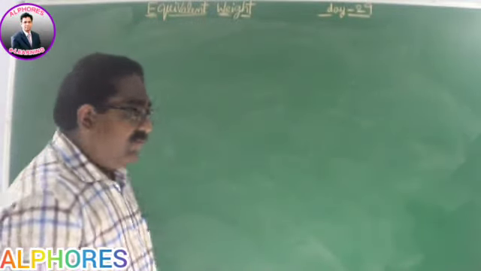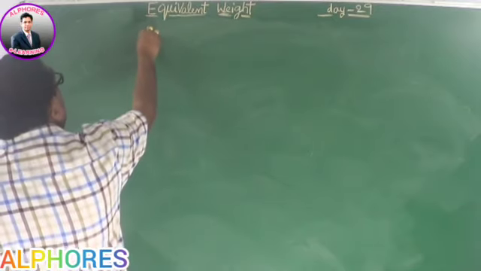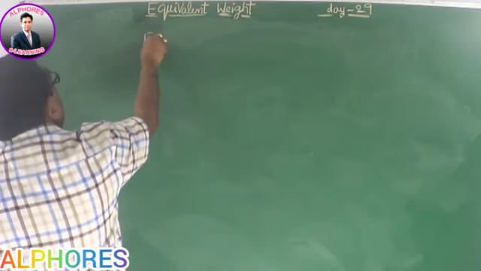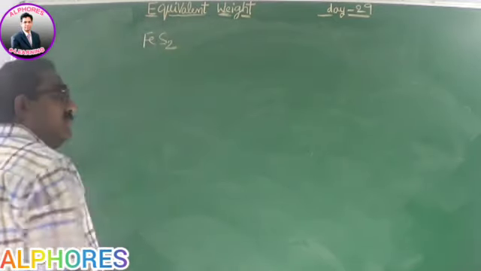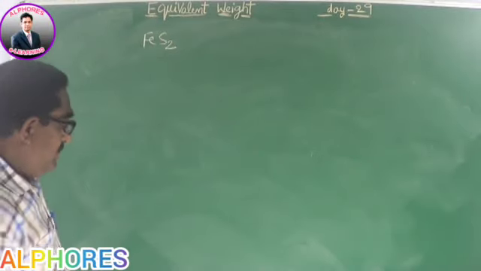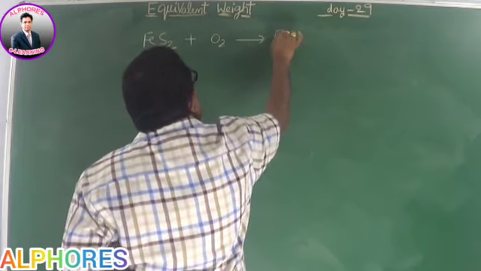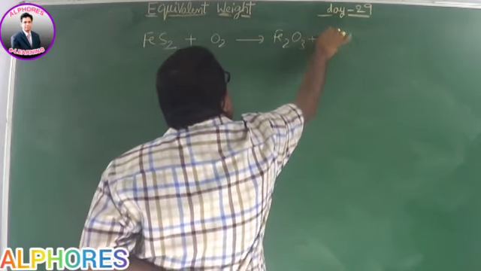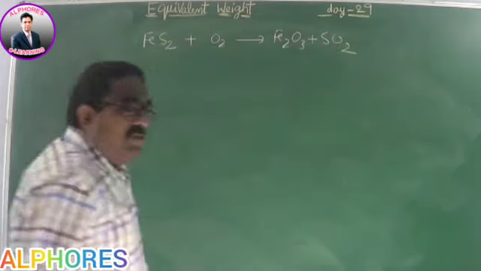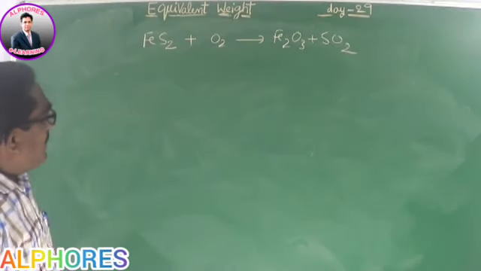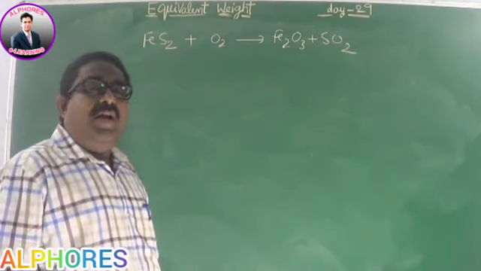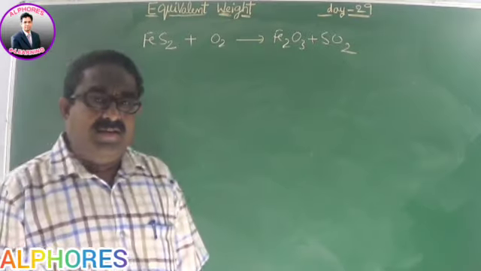Okay, students, let me go through some more equations. Iron sulfide plus oxygen gives Fe2O3 plus SO2. See, there is a speciality in calculating equivalent masses.